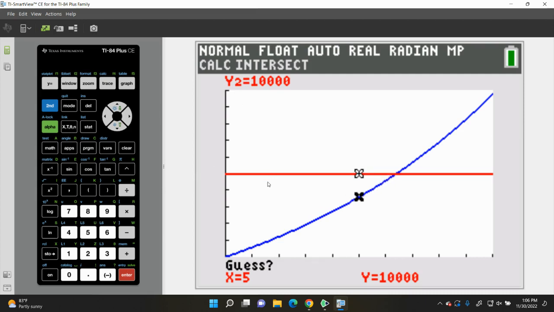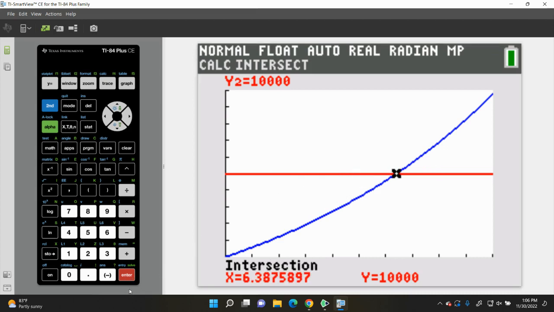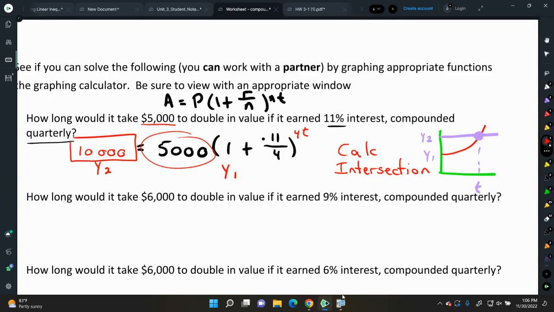If there was more than one point of intersection, I would want to move my cursor closer to that point. So I'm going to press enter, and it tells me right here the point of intersection is X equals 6.387587, Y equals 10,000. So I'm going to round this to 2 decimal places, so 6.39.